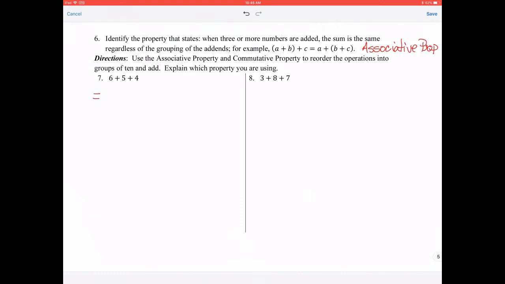So first thing I'm going to do is add an equal sign, and I'm going to reverse the 5 and 4. So I have 6 plus 4 plus 5, and reversing those two was the commutative property.